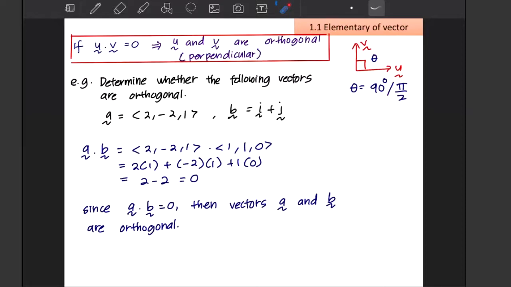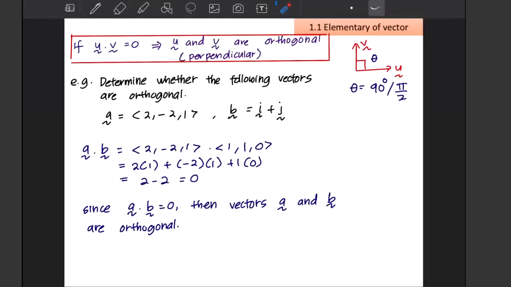Determine whether the following vectors are orthogonal. To determine whether the vectors are orthogonal or not, you must find the dot product. So A dot B, like we did just now.